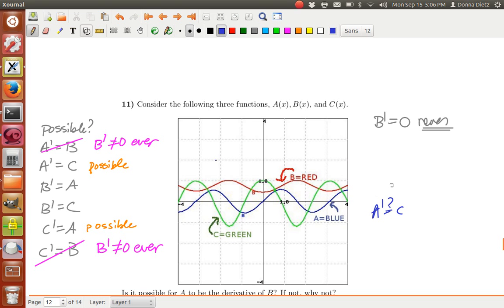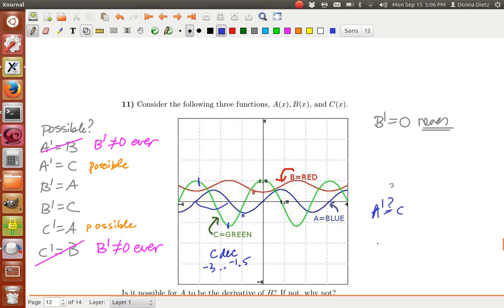Okay, so for example, green is decreasing. C decreases from -3 to, I don't know, -1.5. So its derivative has to be strictly negative, but unfortunately the blue curve is positive, right? So it's in the wrong direction.